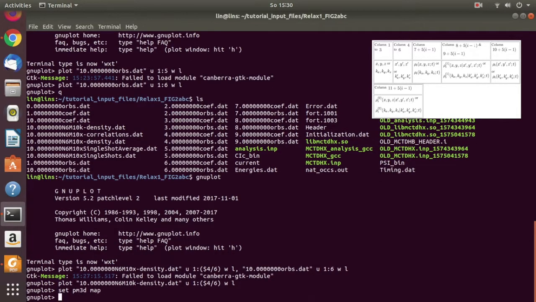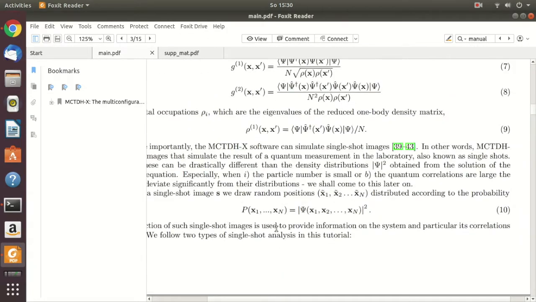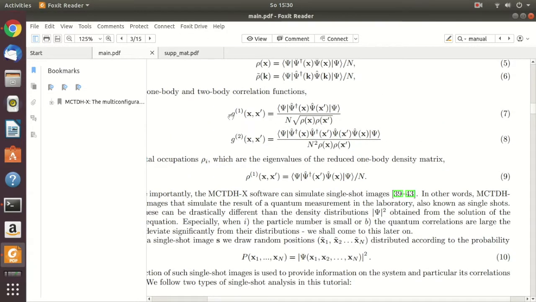In order to do that, we plot the x-correlations.dat file, using the first column for x and the fourth column for x prime. The definition of the relation between the correlation functions and the reduced density matrices can be found in equations 7 and 8.